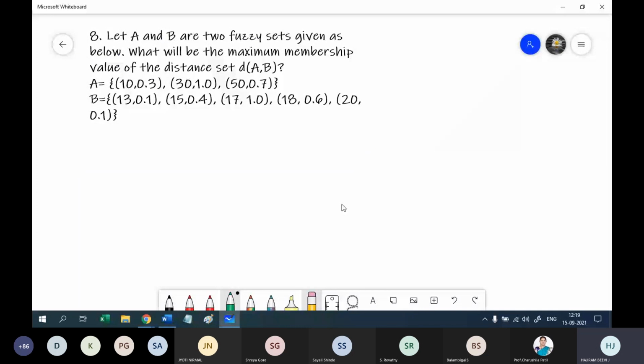Here they are asking what will be the maximum membership of the distance set. So for that we are keeping the columns del, XA, XB, then membership value of XA, membership value of XB, then minimum value.